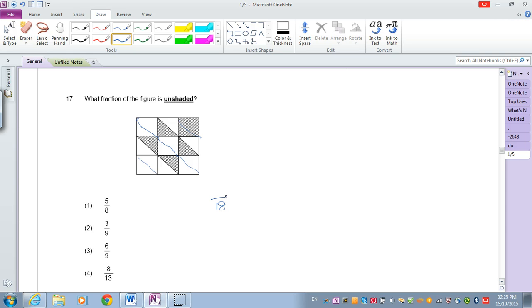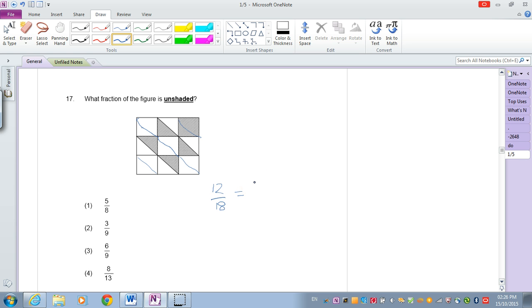They ask what fraction of the figure is unshaded, so we have to count the ones that are unshaded. 1, 2, 3, 4, 5, 6, 7, 8, 9, 10, 11, 12. So there are 12 unshaded parts.